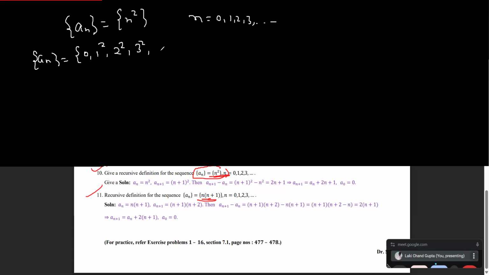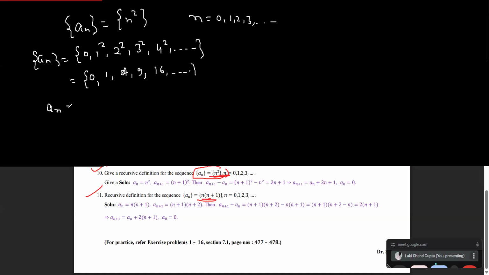A sequence is given, n squared, and n starts from 0, 1, 2, 3 and so on. Right? So when you put 0, what will you get? 0. And putting 1, 1. 2 squared means what? 4. Right? Okay. So 0, 1, 4, 9, 16 and so on.